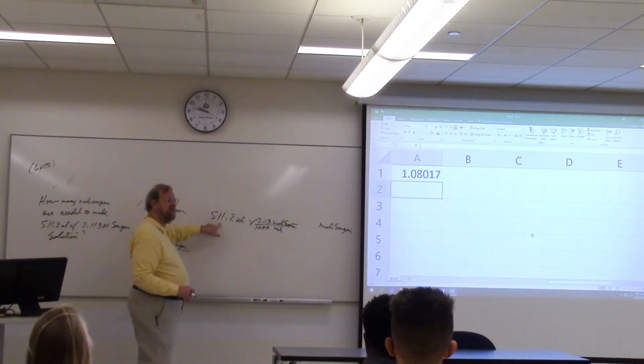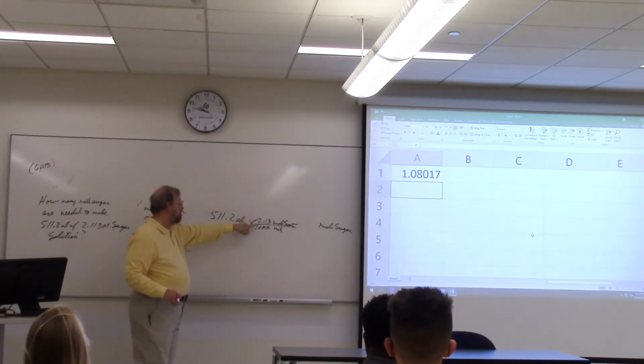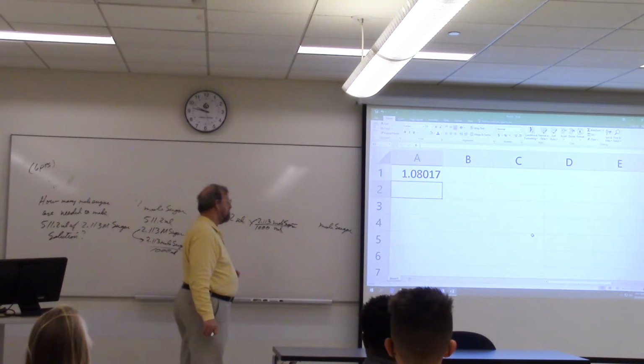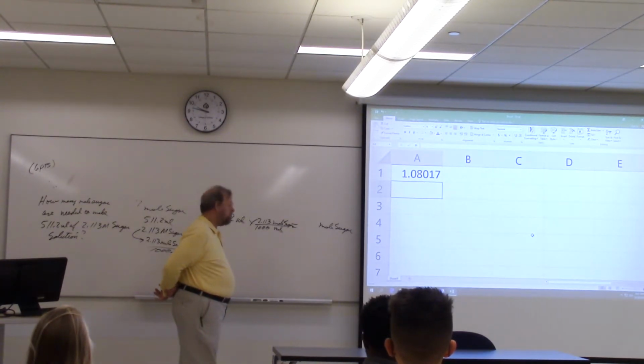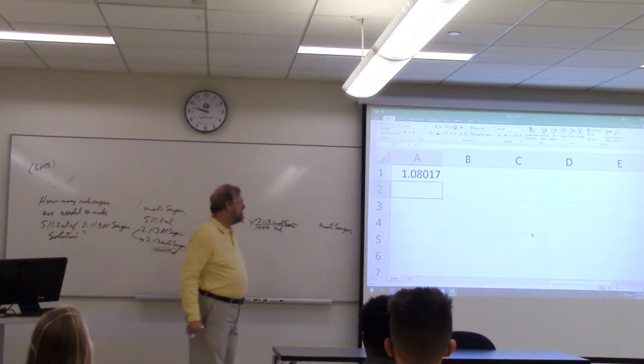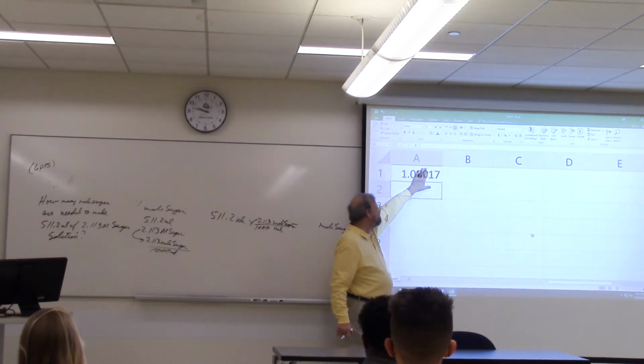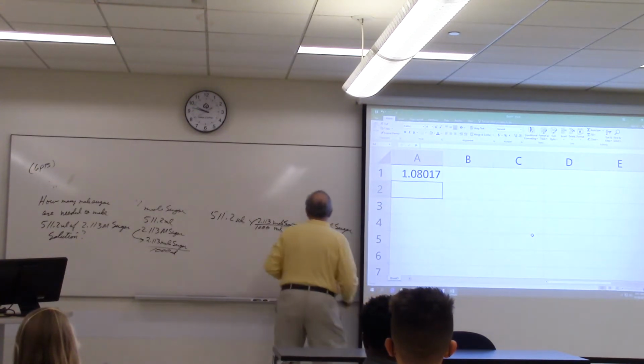Notice 4 significant figures, 4 significant figures, exact number. How do you round that off to 4 significant figures? Keep the 1, keep the 0, keep the 8. Should keep the 0. Let's look. That's the 4 significant figure. Use the 1 to round off. That's 4 or less.